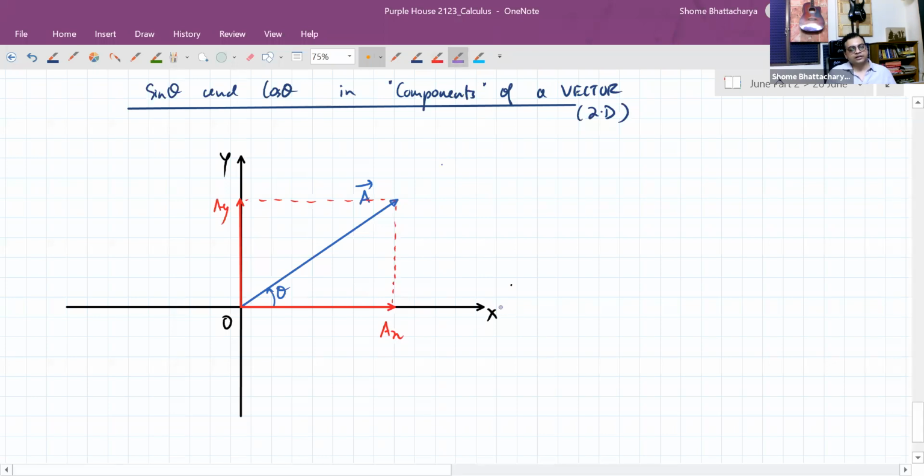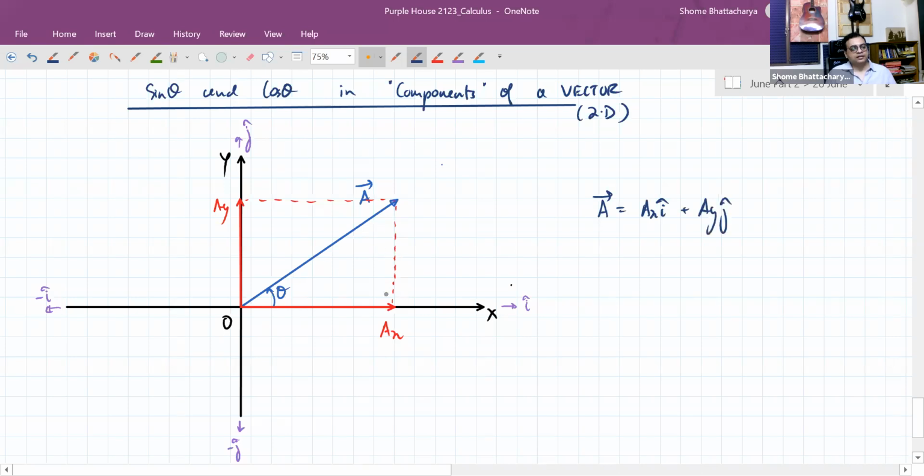We write the unit vector along the x-axis as i cap, along the y-axis as j cap, along the negative x-axis as minus i cap, and along the negative y-axis as minus j cap. So in component form, we write the vector A as AX i cap plus AY j cap.